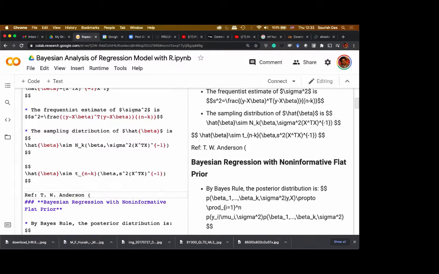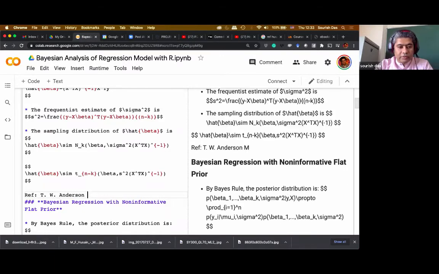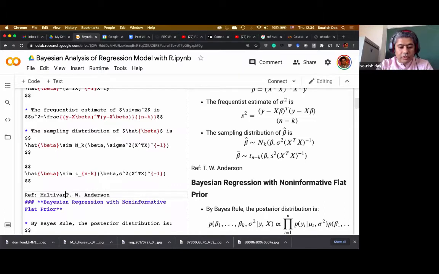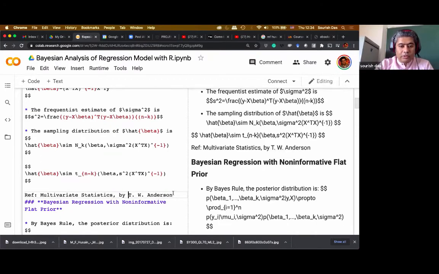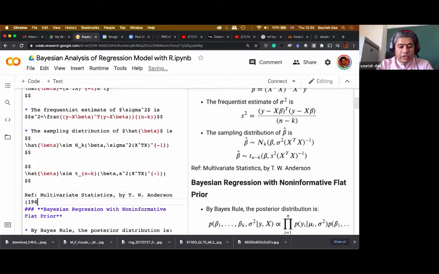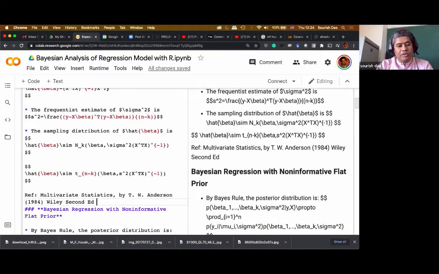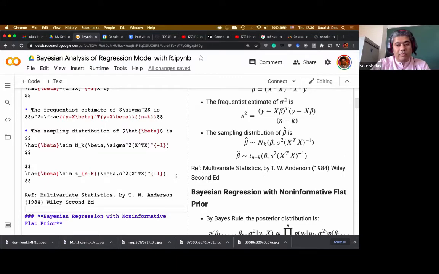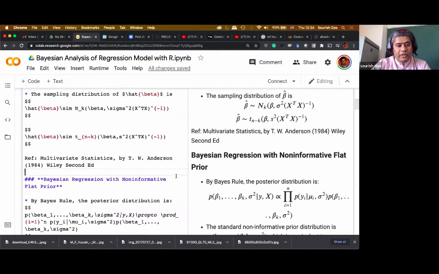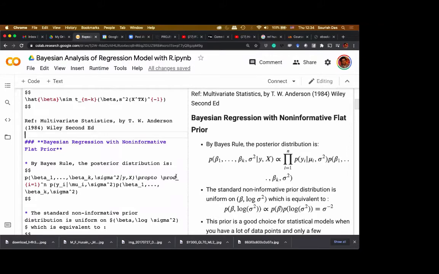The title is Multivariate Statistics by T.W. Anderson, 1984, Wiley, 2nd edition. Most likely chapter 3 or chapter 4, you can just find it by yourself. Yes, thank you, sir. Yeah, sure.